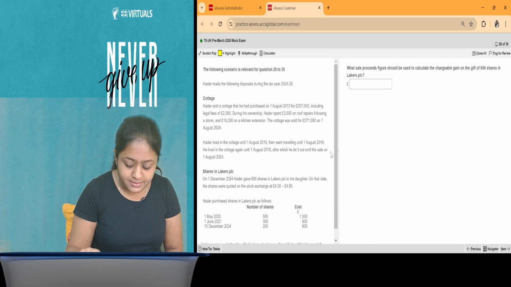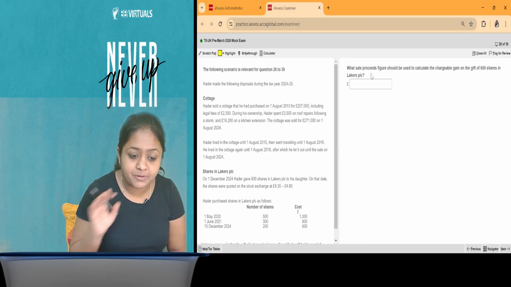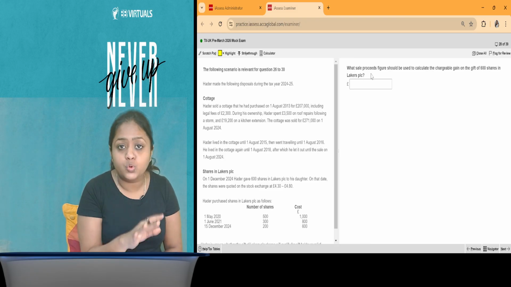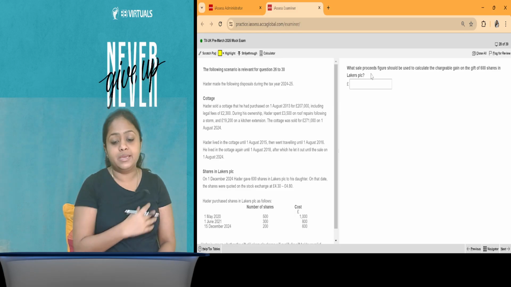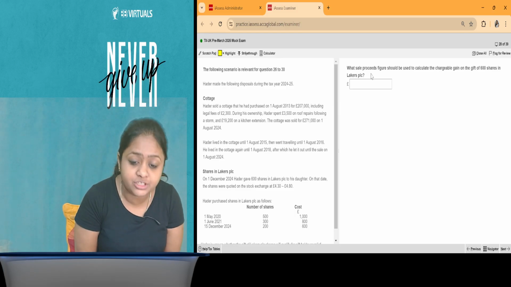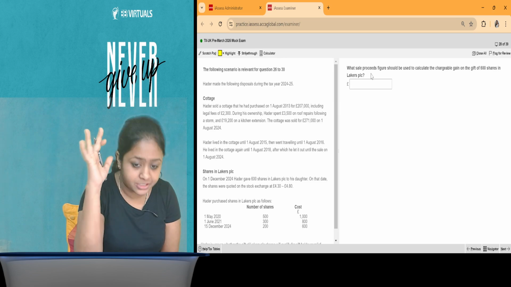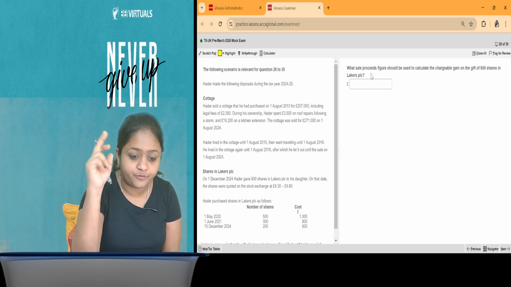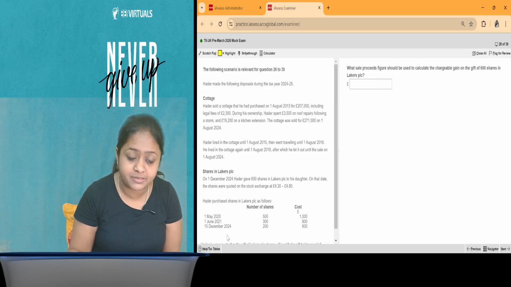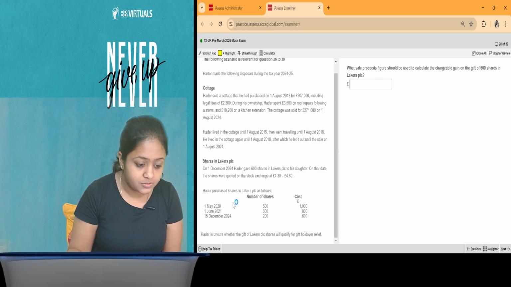So the next one is about what sale proceeds figure should be used to calculate the chargeable gains on the gift of 600 shares in Lakers company. Okay, so there's a gift of 600 shares. Let's read it here.